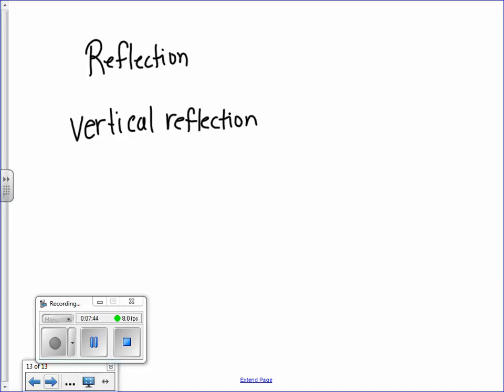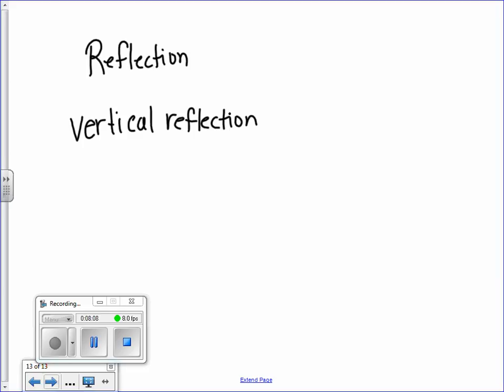For a vertical reflection, okay, if you want a vertical reflection, which means that you are reflecting it over the x-axis. Okay, I just want you to visualize that for a minute. If you are reflecting something over the x-axis, which variable is changing? The y, okay?